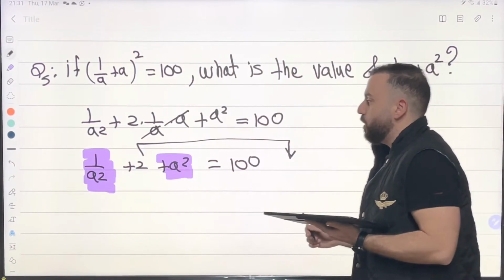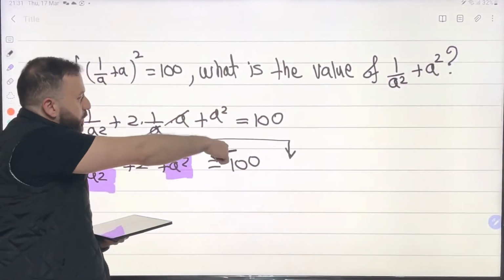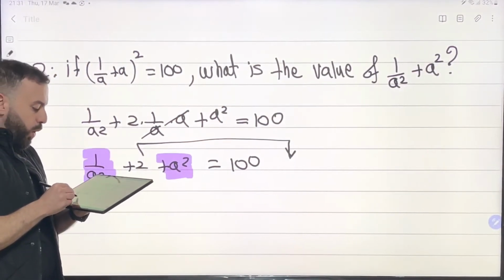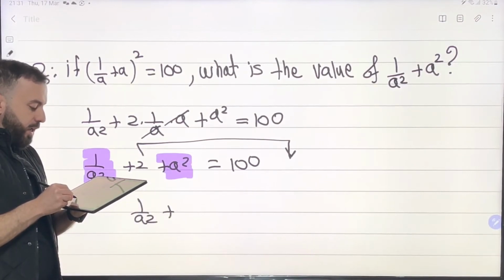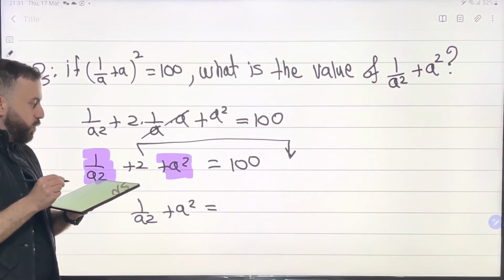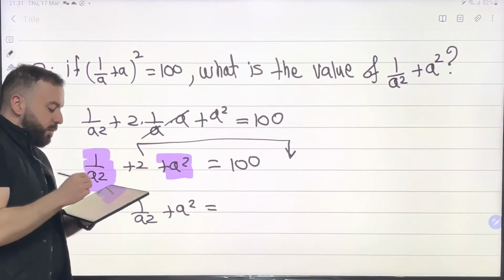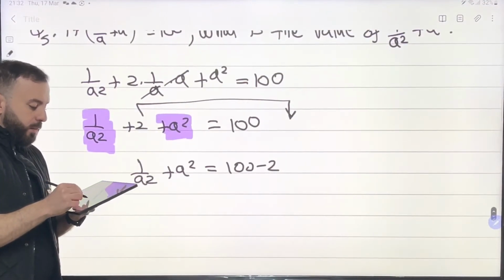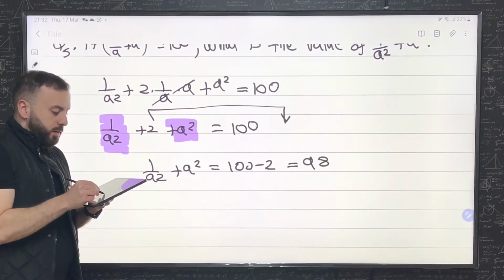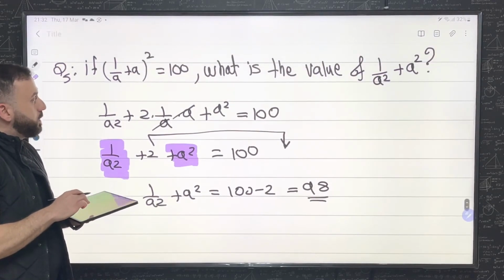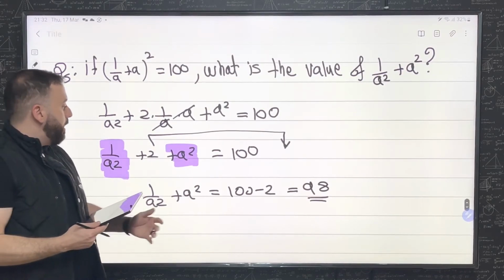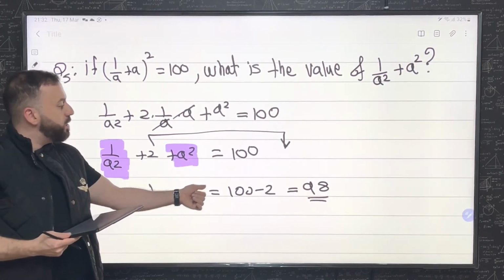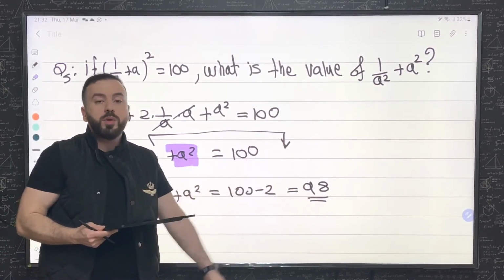Check this with me now. If I shift it to the right side, 1 over a squared plus a squared is equal to how much? 100 minus 2, and that's equal to 98. Okay? 1 over a squared plus a squared is equal to 100 minus 2, which is equal to 98.